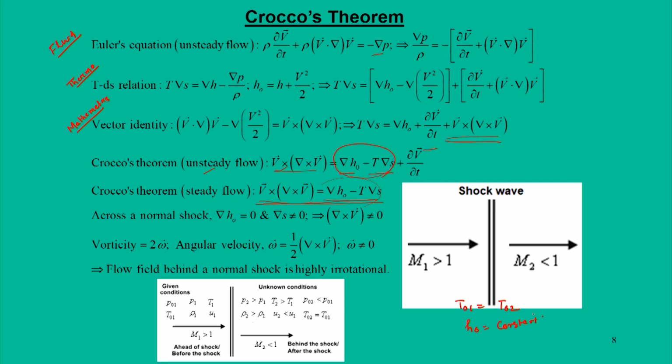So, this term vanishes, but delta S cannot be 0 across a normal shock; it is always greater than 0.